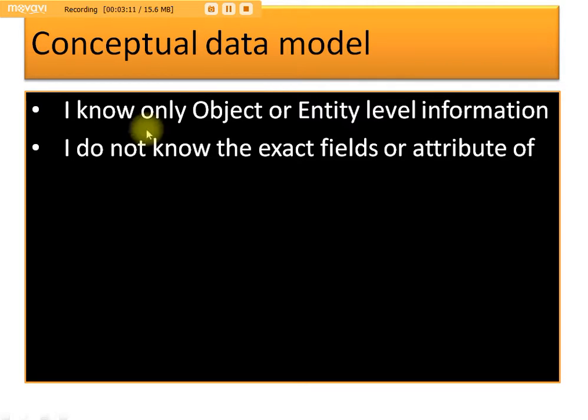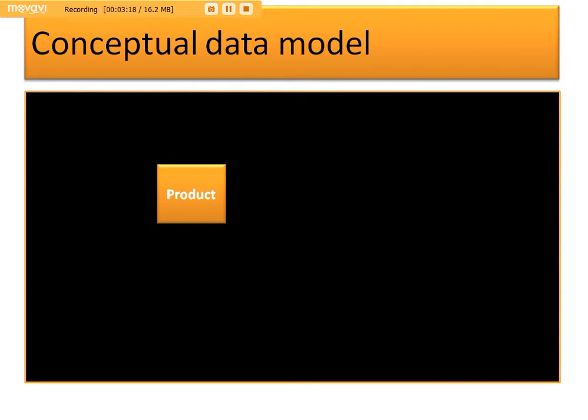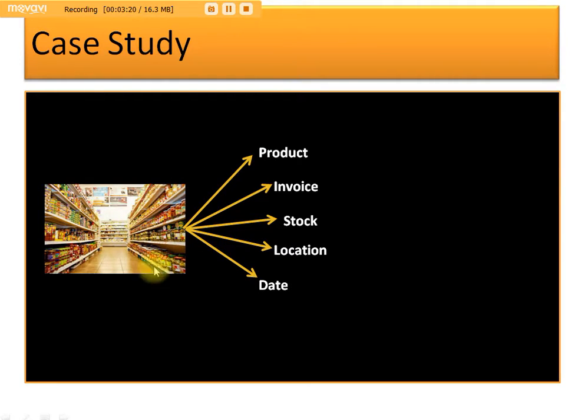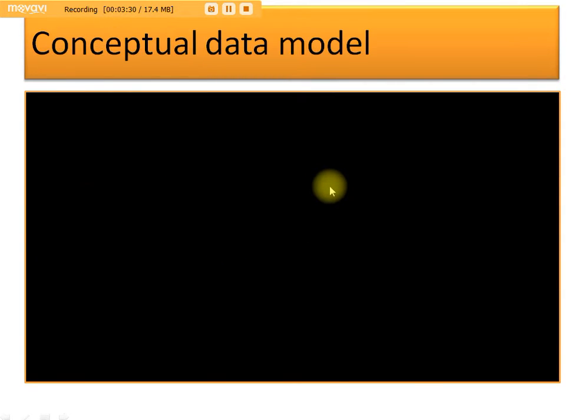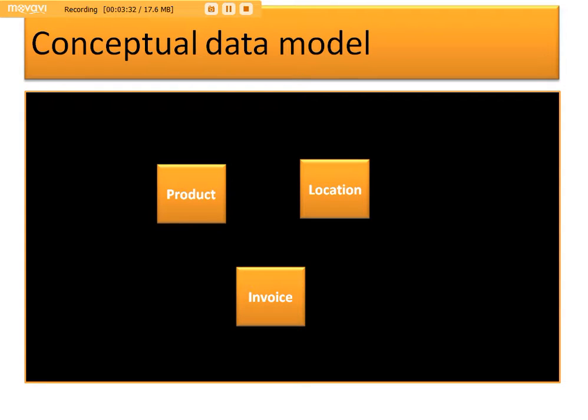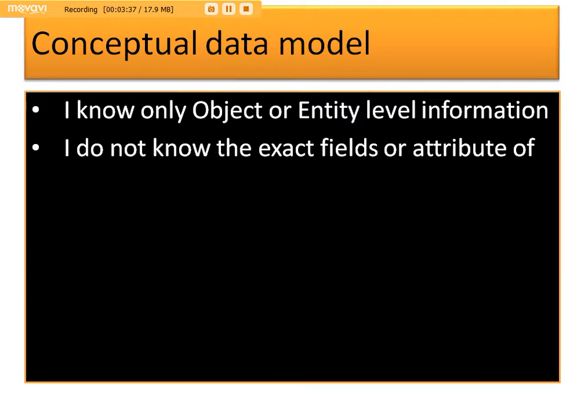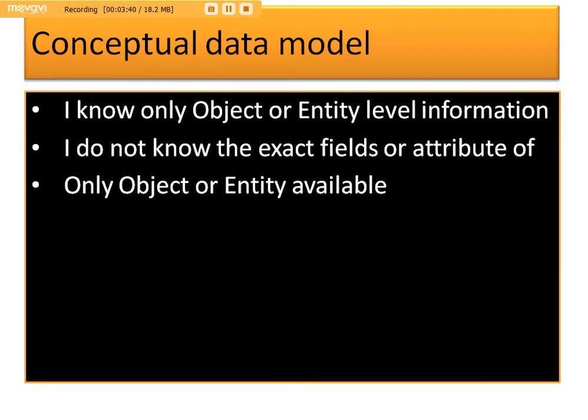In this type, I know only object and entity level information. As we have seen, for the retail shop, we have identified only the objects. We don't know the exact fields or exact columns under product or invoice. In that case, if I want to build a data model, I need to go with the conceptual data model. I know only the object level info, and I do not know the exact column level or field level.